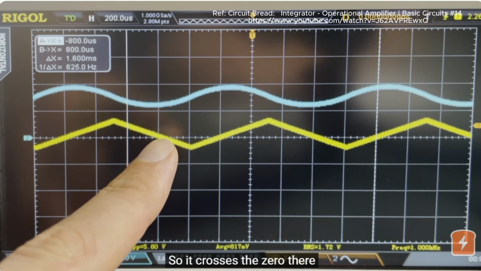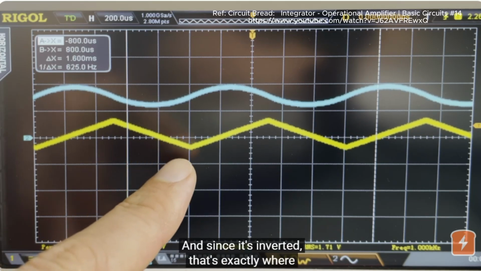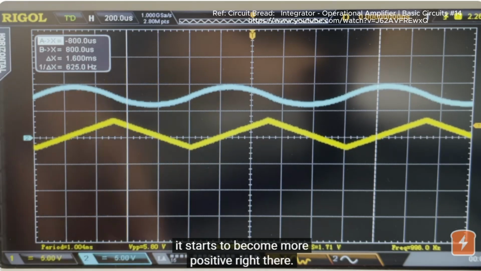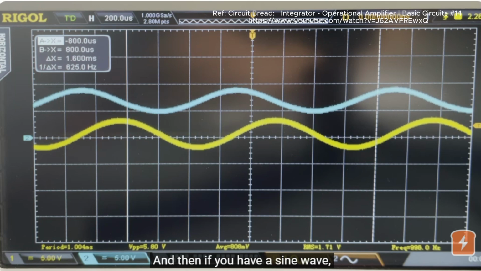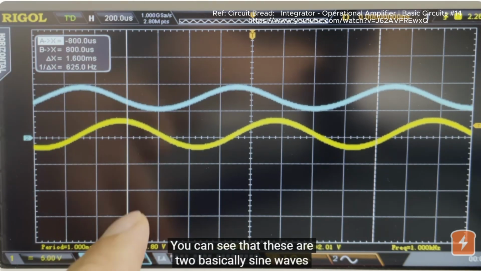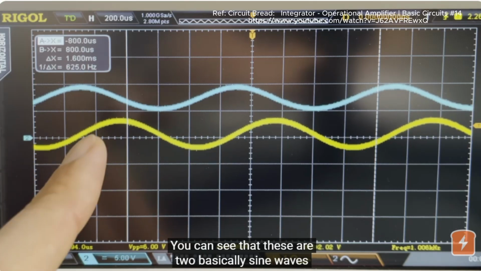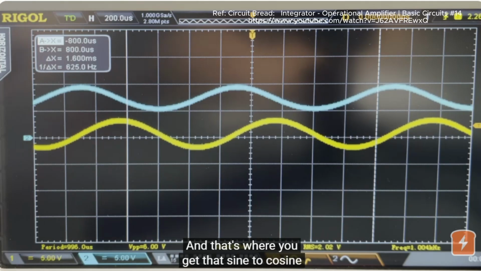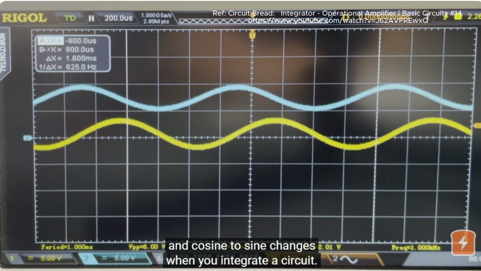It crosses the zero there and starts to become more negative, and since it's inverted, that's exactly where the output starts to become more positive. That's pretty cool. And if you have a sine wave, it does the same thing. You can see that these are two basically sine waves, but out of phase from each other. And that's where you get that sine to cosine and cosine to sine change when you integrate a circuit.